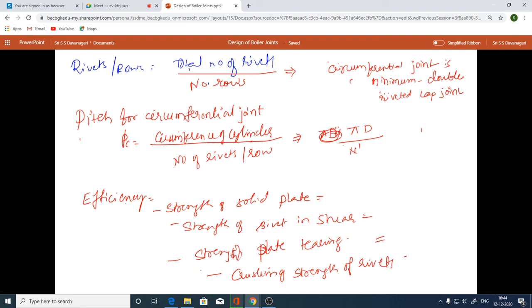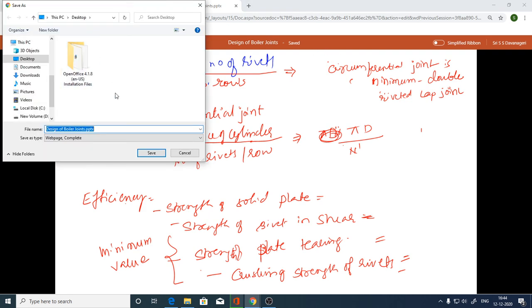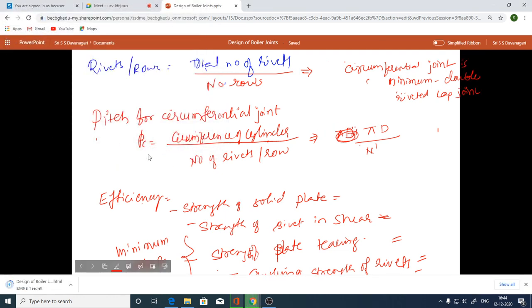Then you go for the minimum here again. You compare these three, select the minimum value, then find out the efficiency. You need to follow this procedure. Now, do you have any doubts?